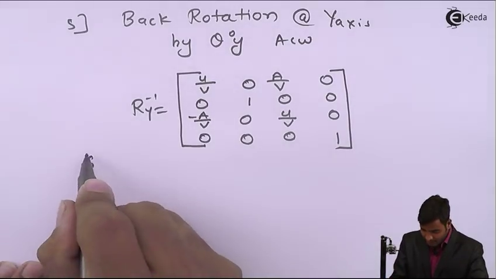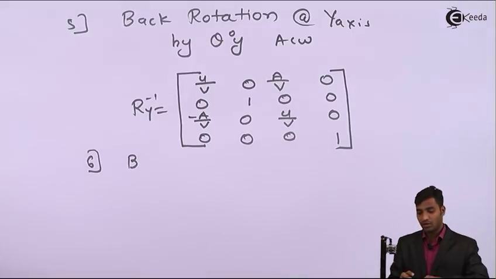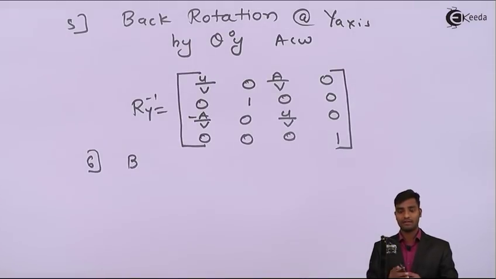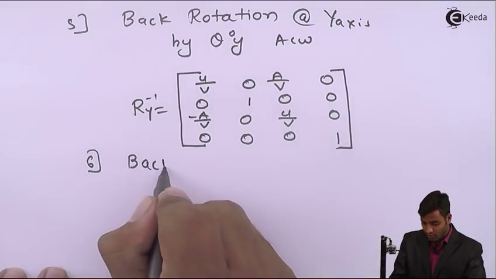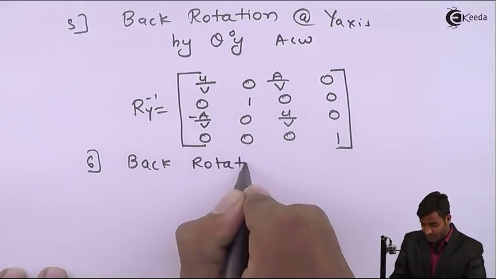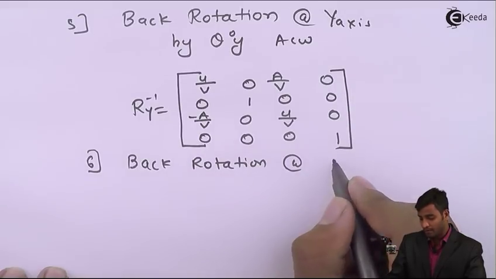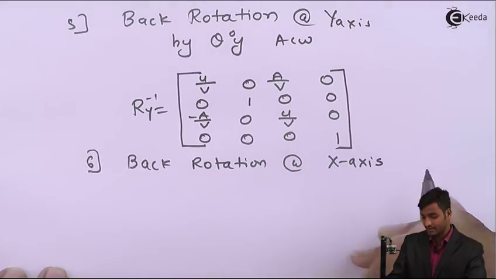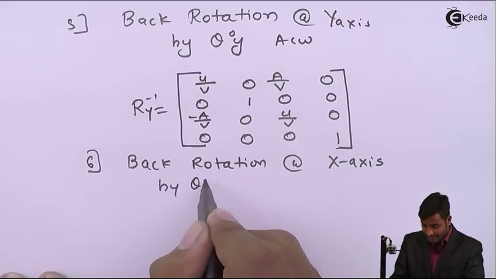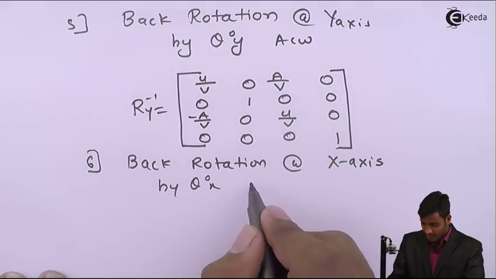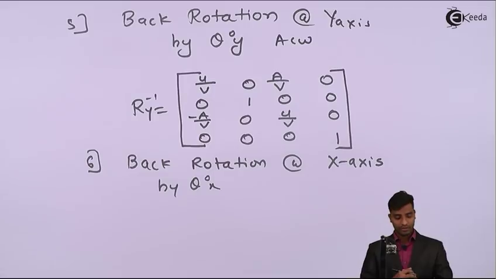Then we have done rotation about x axis by theta x degree anti-clockwise. So now we will do back rotation about x axis by theta x degree. In that case we had done anti-clockwise rotation.